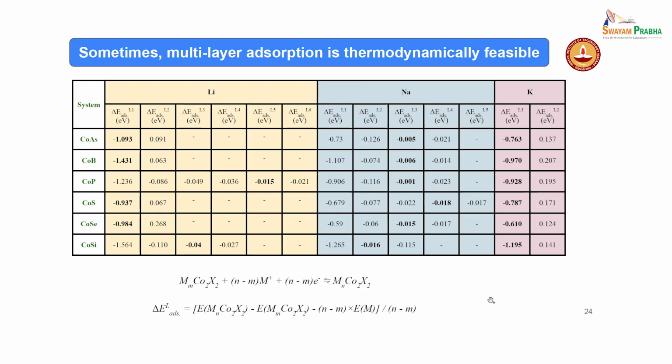Oh no, sorry, not this one, this is correct. Where is the other one? So here, if you see, the sodium case, 0.016 and 0.115. Suddenly it is increasing, from 0.016 to 0.115. That is very high. That automatically suggests that some agglomeration is happening. That's why we don't want to consider that.